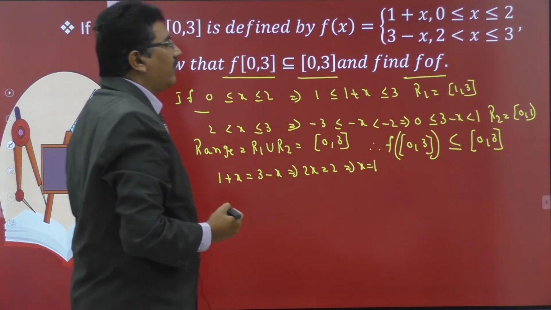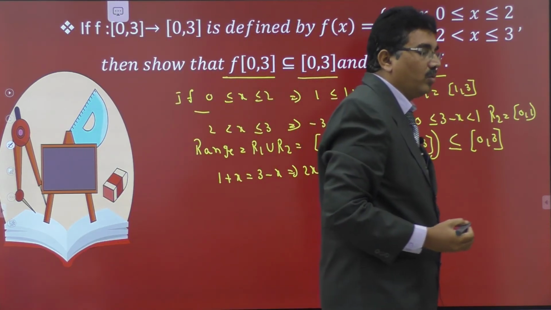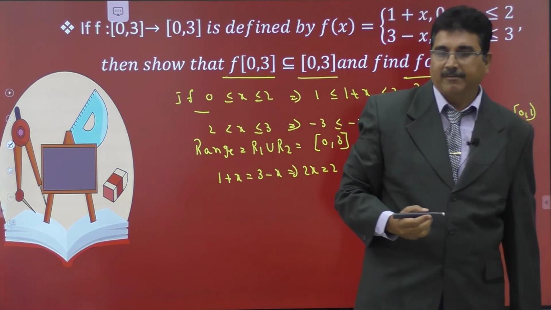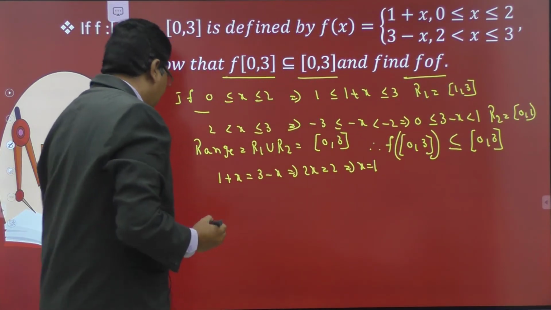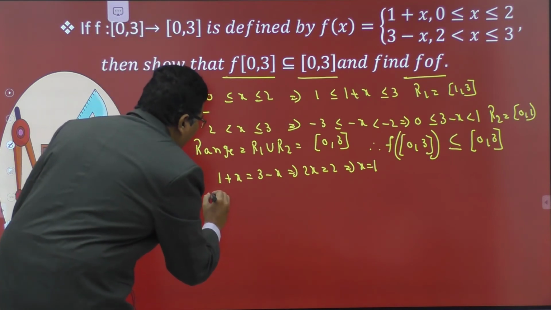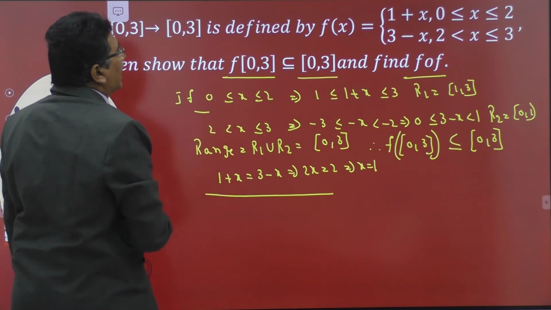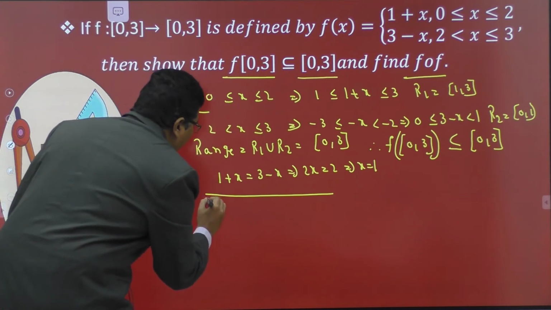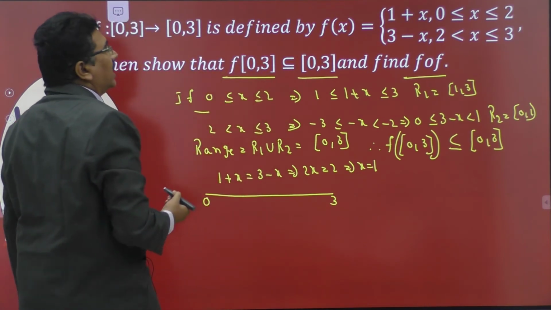Right? f of x can be defined like this, 0 to 2 and 2 to 3. But for finding f circle f, the domain can be divided differently. Here the domain is 0, 3.